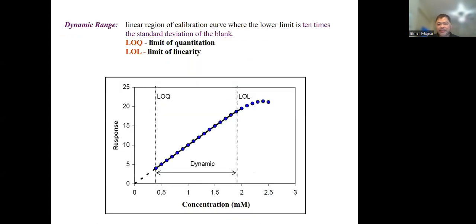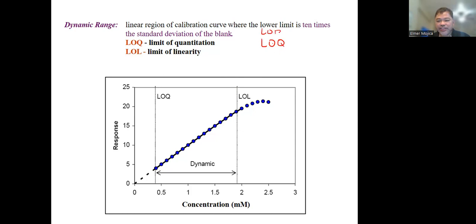And then we have this dynamic range. Okay, so here it's just the linear region of a calibration curve where the lower limit is 10 times the standard deviation of the blank. Okay, so when we're talking about lower limit, that's your LOQ.